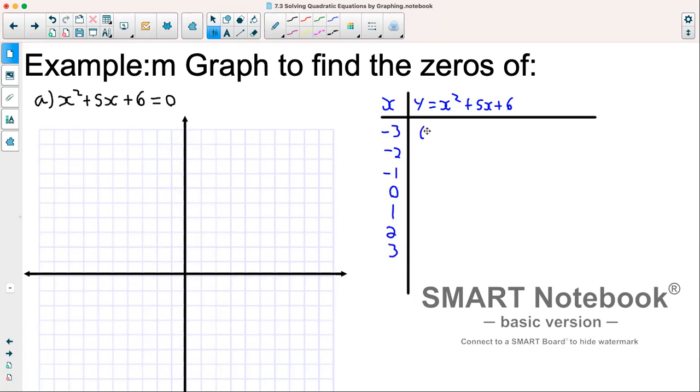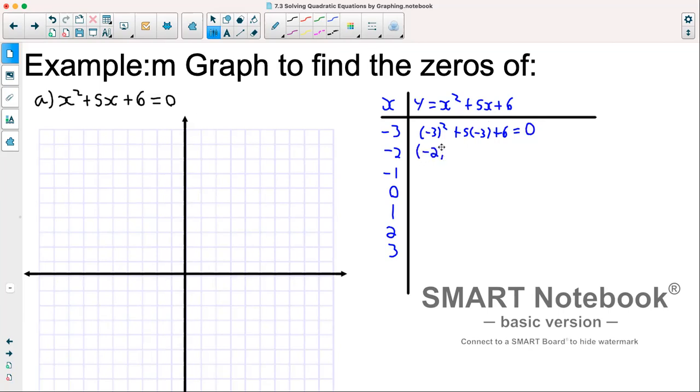For the first one, I've got -3 squared plus 5 times -3 plus 6. -3 squared is 9. 5 times -3 is -15. So 9 minus 15 is -6, plus 6 is 0.